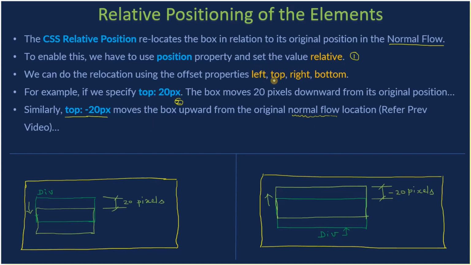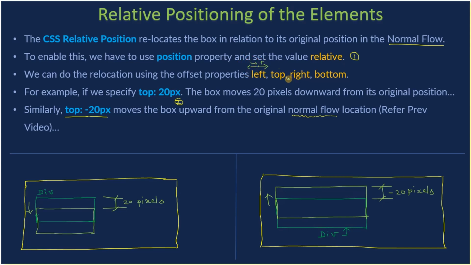The same way you can use other properties as well. Top, right, bottom, you can use positive or negative. If you use left and right, this is how the left moves in positive and in negative direction.